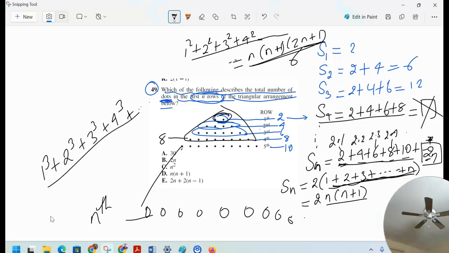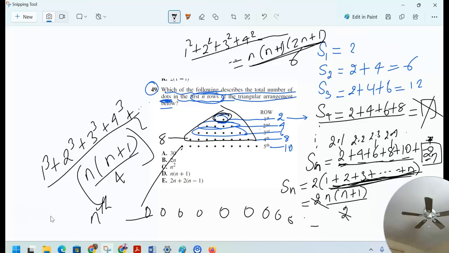If you have cubes, then it is n into n plus 1 over 2, the whole square. Anyway, the goal is you get n into n plus 1 divided by 2. So this 2 crosses out and you get n into n plus 1, you get the answer. Now you may have got confused about what we did here. So this is confusing, right? So instead of this, is there another way to do this?